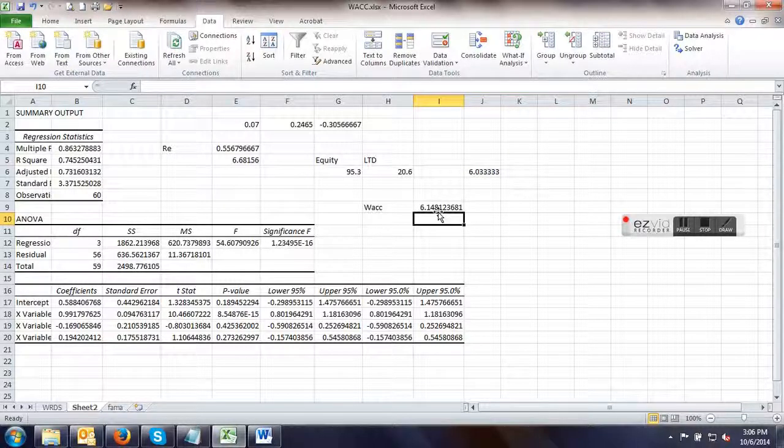So there we go, 6.14, and that would be the WACC for UTX.